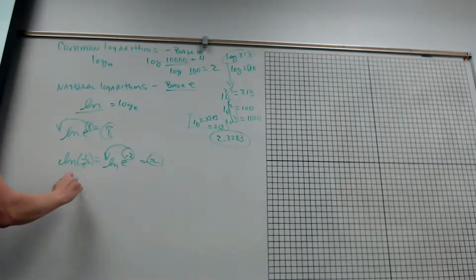How about the ln of 5? Sam can do that one in his head, right? It will be 5. No. I was joking when I said you could do that one in your head.